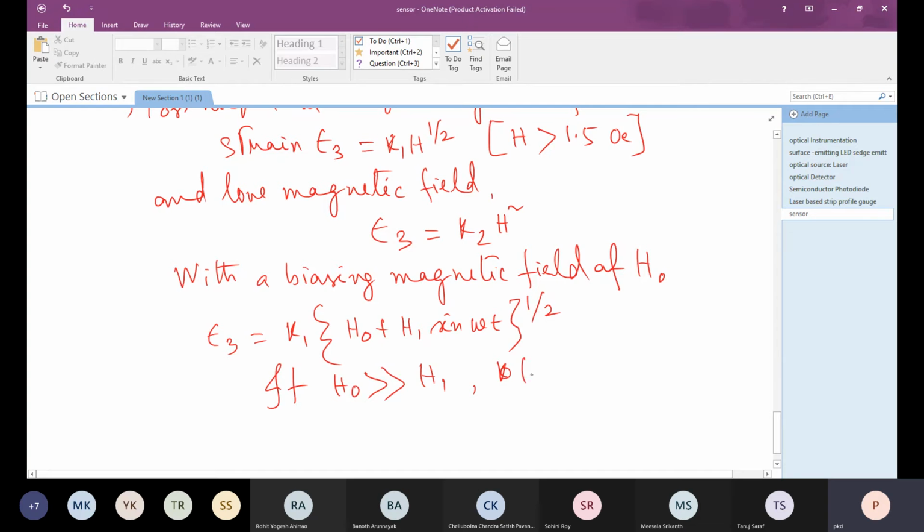Epsilon 3 AC would be equal to K1 divided by (2 H0) to the power half, into H AC, that is H1 sin omega t.